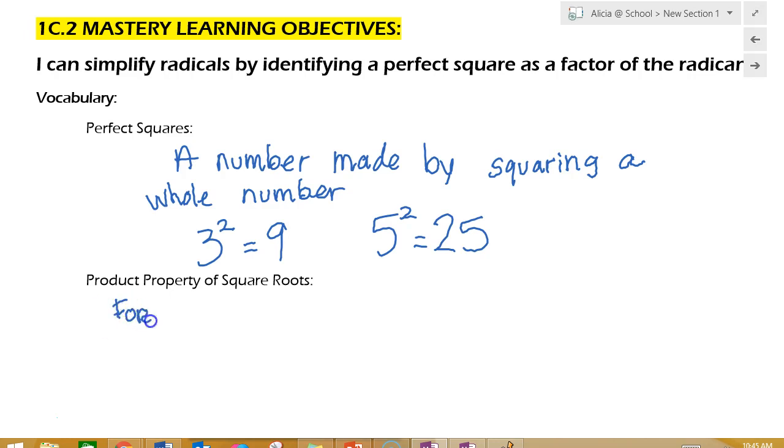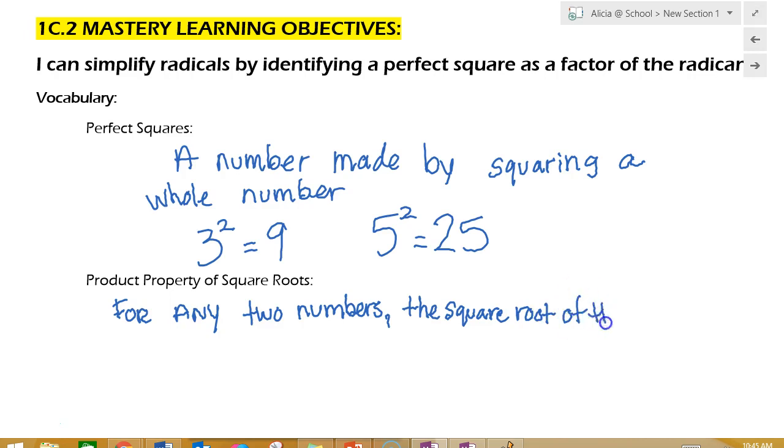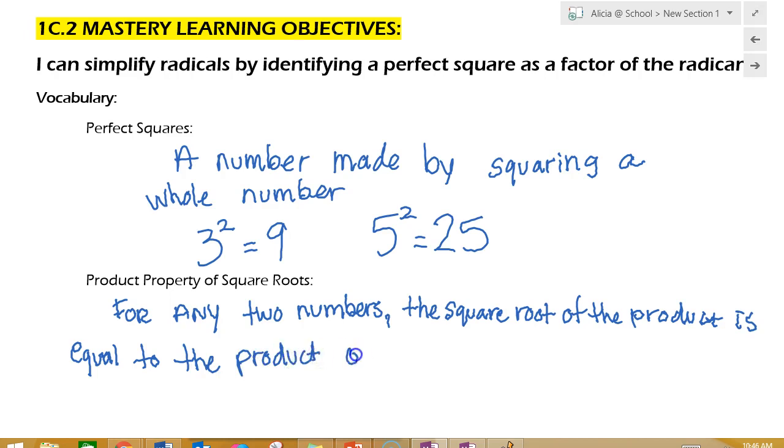It's for any two numbers, the square root of the product is equal to the product of each square root.